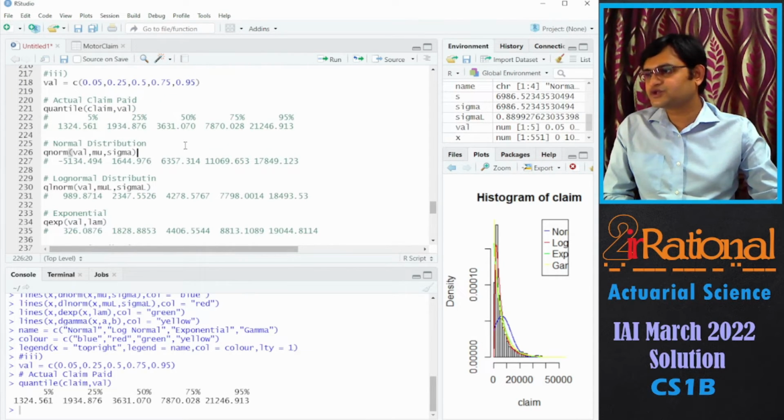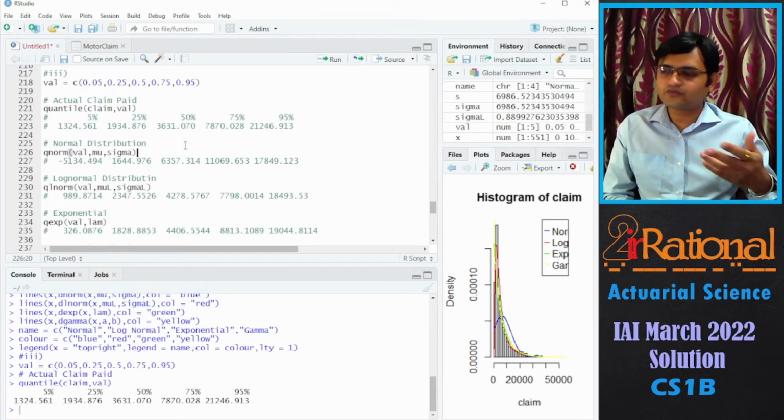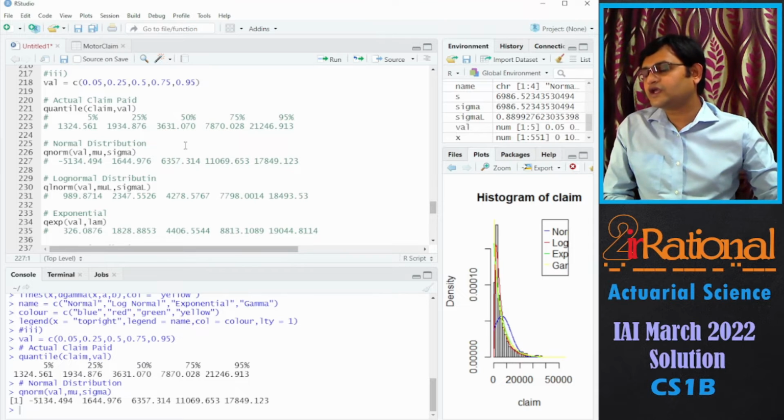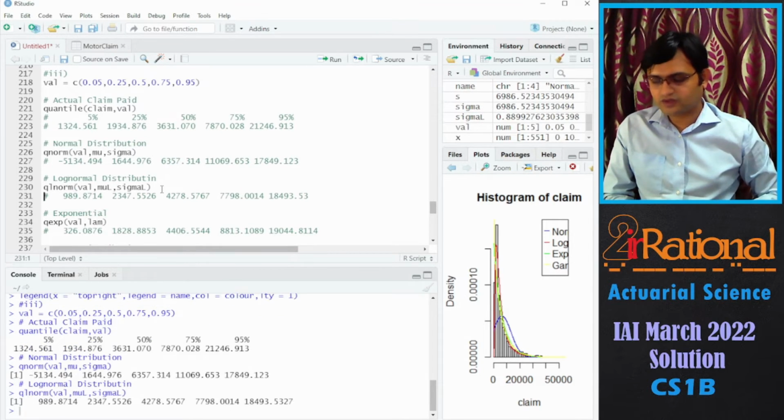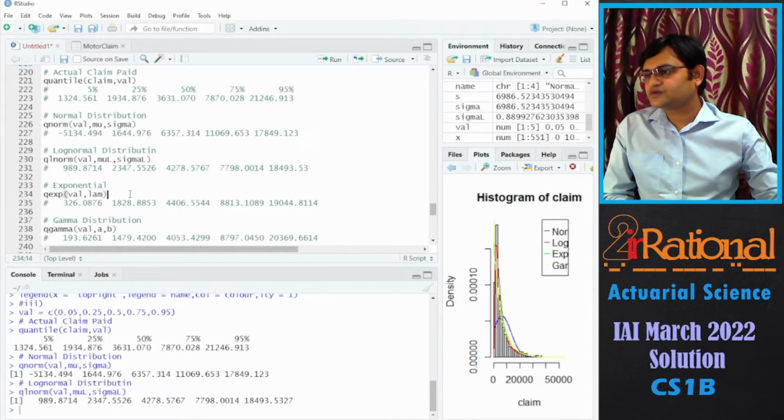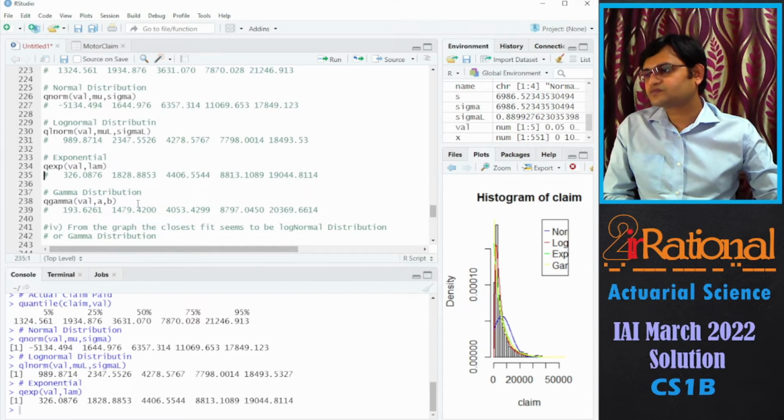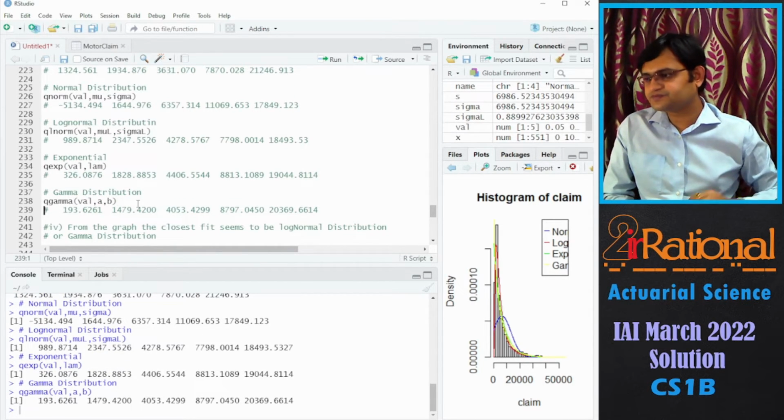For normal distribution, Q norm, values, and then give the correct mean and the parameters. Same thing for each one of them. Okay, so that is what I have done here. For each one of these distributions, we have all the correct quantiles.